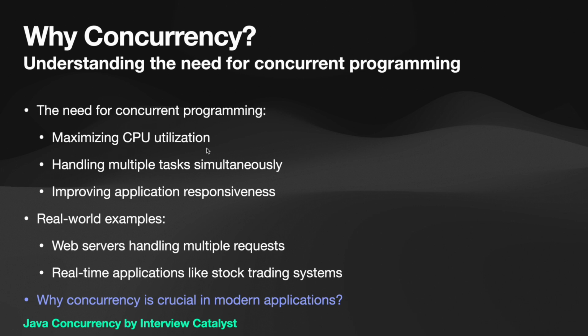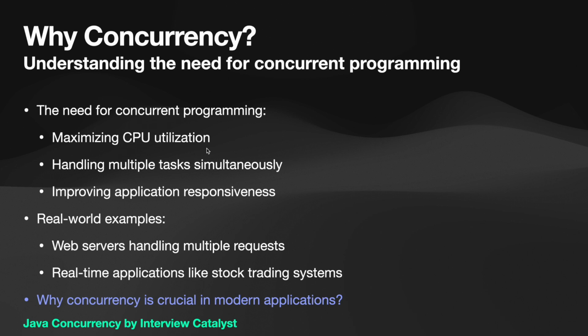Improving responsiveness. Concurrency ensures that the critical tasks are not delayed by long running operations. Applications can remain responsive to user input while performing the background tasks. For example, in a mobile application, fetching data from a server in the background ensures that the UI remains responsive to the user actions.